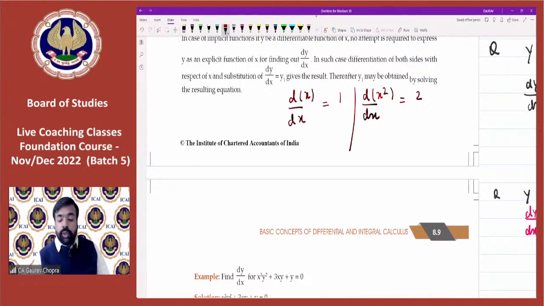We say it is 2x. So what is happening actually? The power of x is reduced by 1. Why so? Because in one of the ways, the x is getting cancelled. Here also, in dx and x square, 1x is getting cancelled. Okay, so the power of x is always getting reduced by 1 because it is available in the denominator.